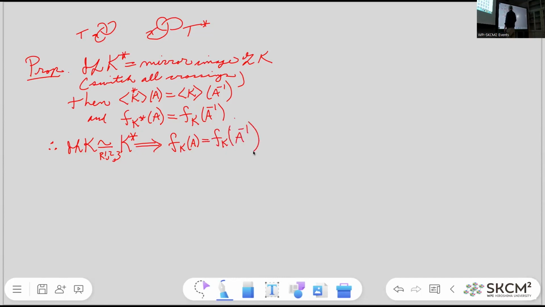If a knot is equivalent to its mirror image, we say K is achiral, not chiral. That implies that F K of A is equal to F K of A inverse.